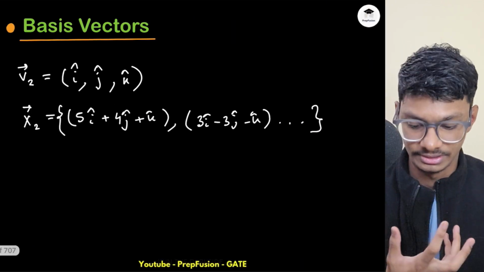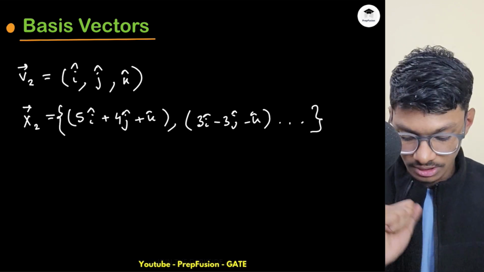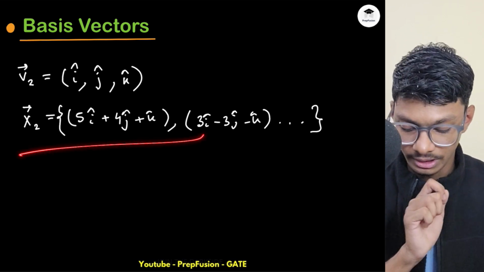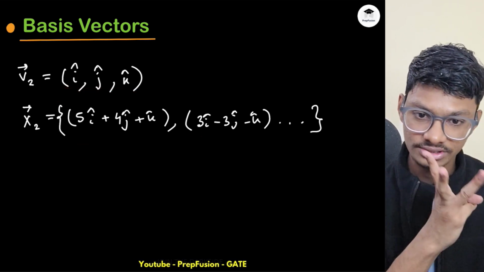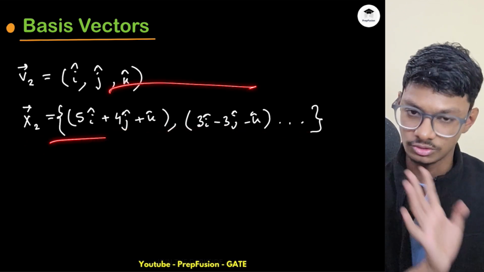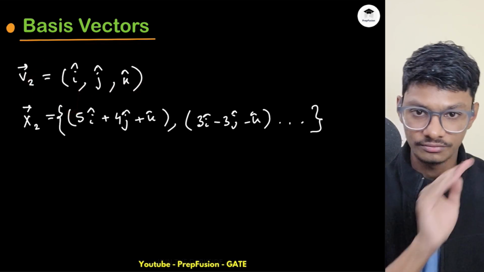So let's take another example. Now you are familiar with this, right? i, j, k. So this is 3-dimensional. I can cover all the 3D vectors with the help of these 3 vectors, i cap, j cap, and k cap. With all these 3, I'll be able to cover this whole x2 vector space, right? This is also a vector space, this is also a vector space. The difference is, with all the linear combinations of this, I'll be able to cover all of the 3 dimensions, right?